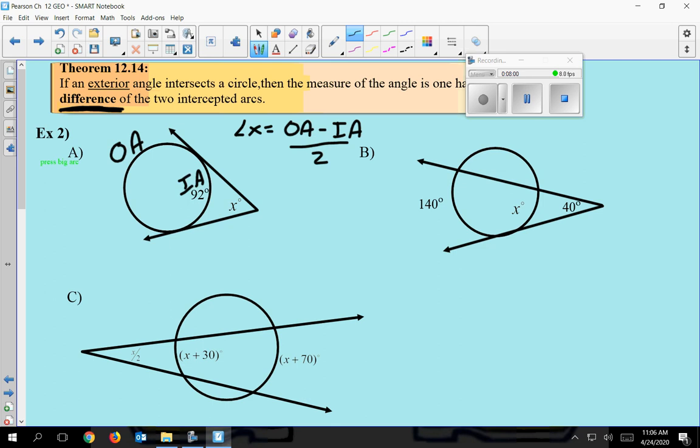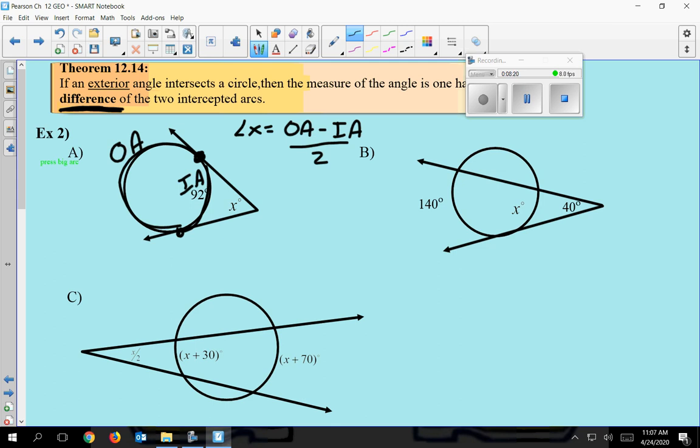It's just a lot of words and a lot of stuff going on. One thing you want to do is look at this and ask, what's the outside arc? Well, remember, the inside arc was from these two points, which created this 92, but the rest of the arc is the rest of the circle. And remember, a circle is 360 degrees.